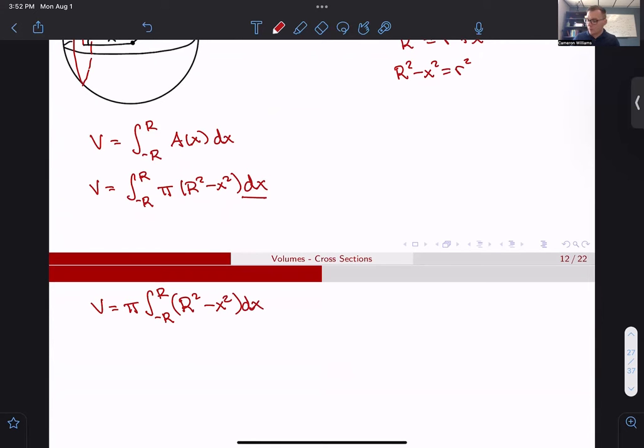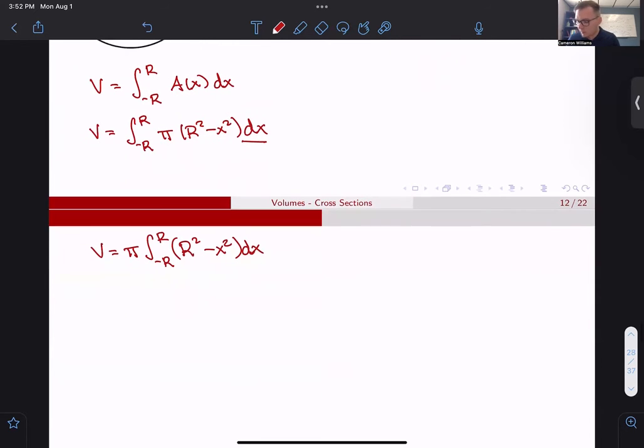All right, so now we can do the integral. R squared is a constant, and like I said, that is a constant. So when you integrate a constant, if we do the antiderivative, we're going to get that constant times x. And you can think of that as power rule. So that's pi R squared x. It's a constant, just throw on x. But now the next term is a function of x. It's x squared.